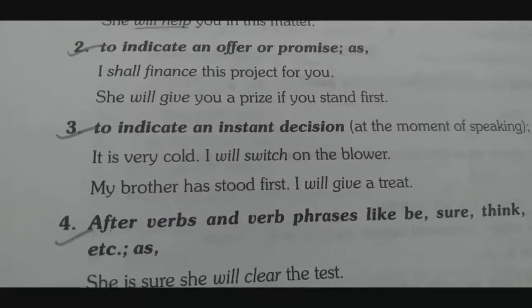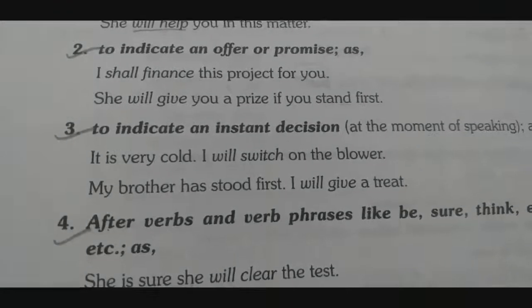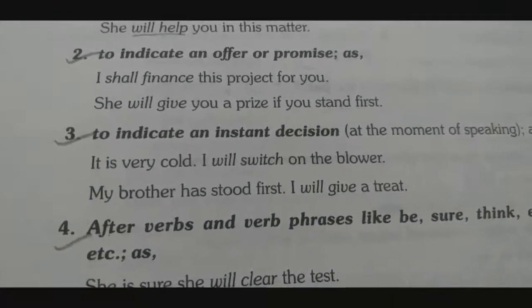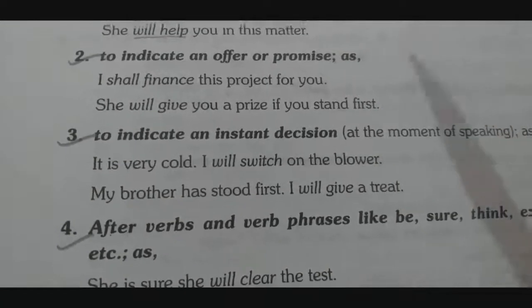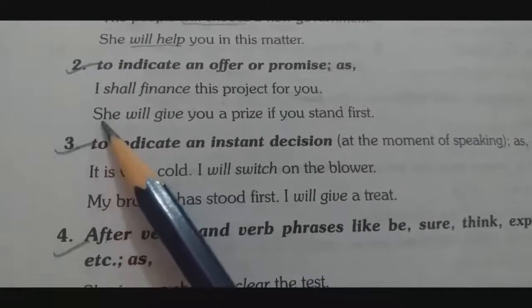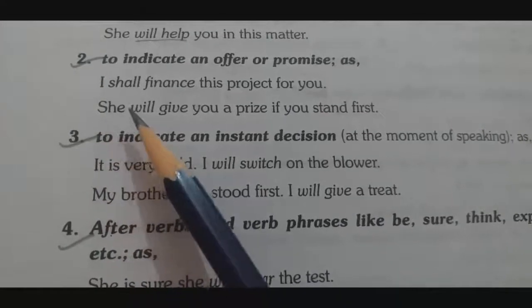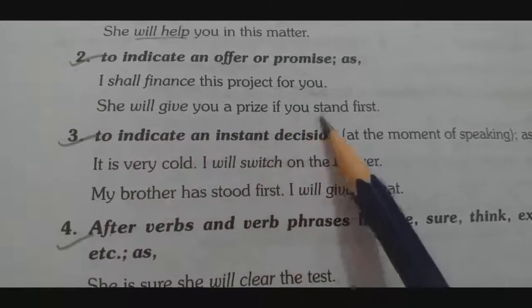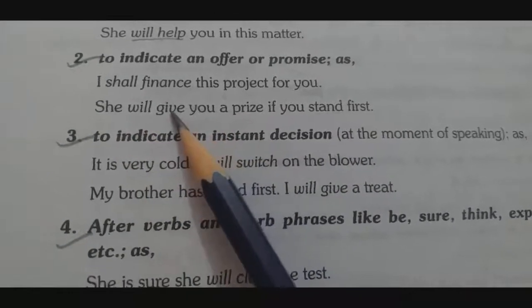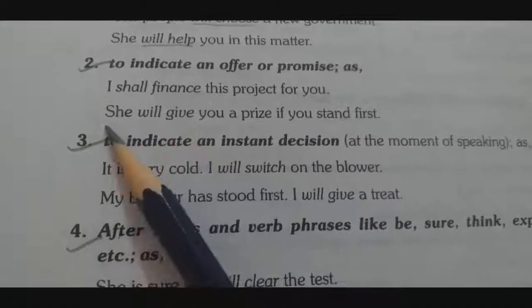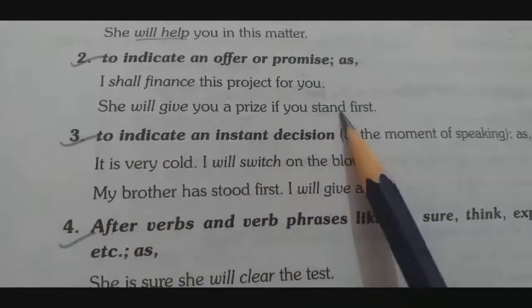She has promised that if my son or my daughter stands first, I will give him or her a good prize. Then I am telling you that your mother said she will give you a prize if you stand first. So what is it? It is a promise that she will give you a prize if you stand first.